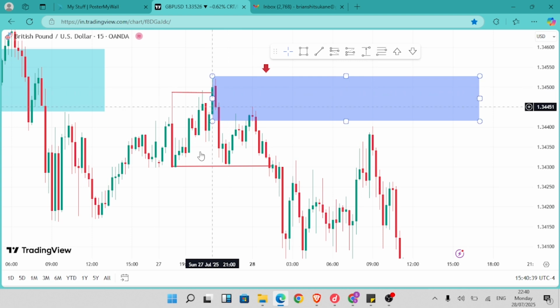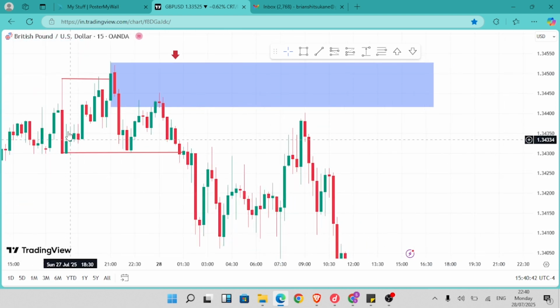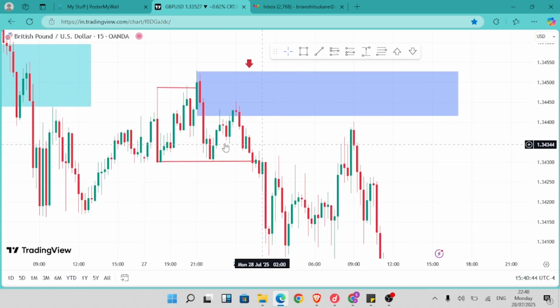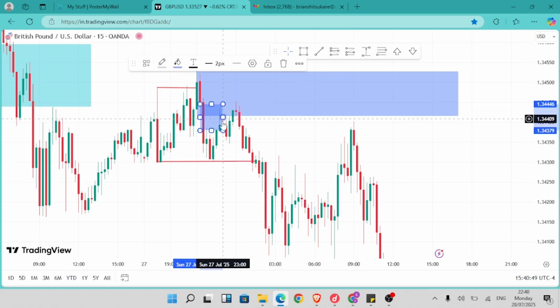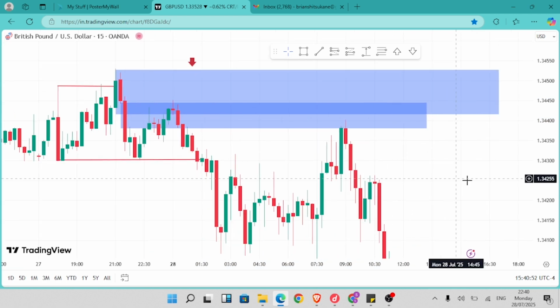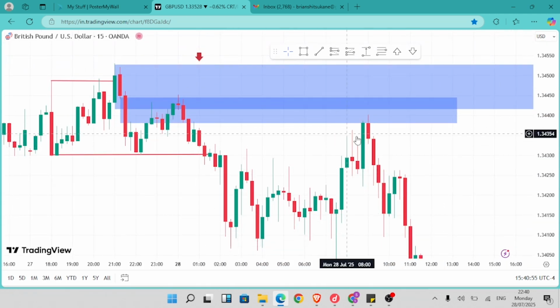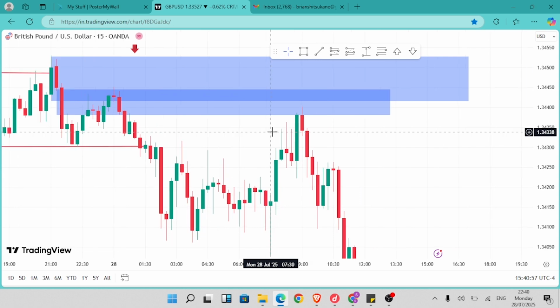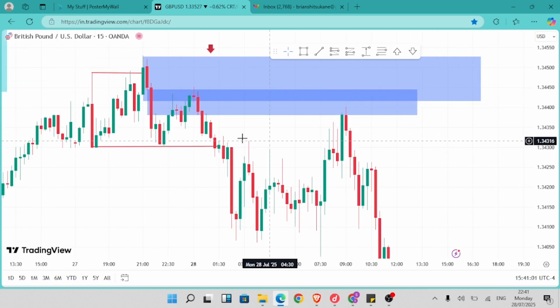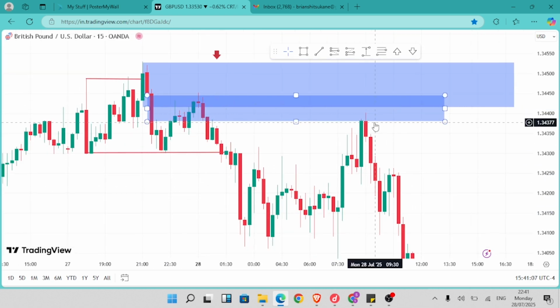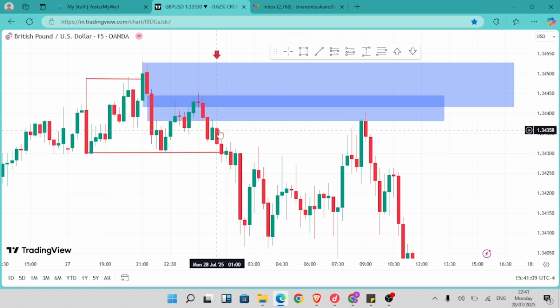So liquidity sweep, market structure shift, price comes back into this. Look at this, price came back into this fair value gap. However, before it came back a second time, it came back the first time, and this is what I missed. I should have seen this.